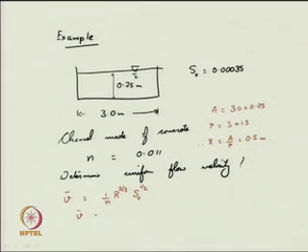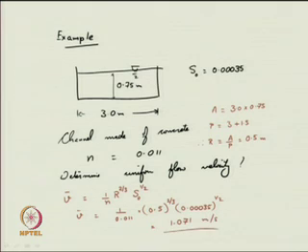Therefore, your Manning's velocity V is equal to 1 by 0.011 into 0.5 to the power of 2 by 3 into 0.00035 to the power of half, and this will give you roughly a velocity of 1.071 meter per second.